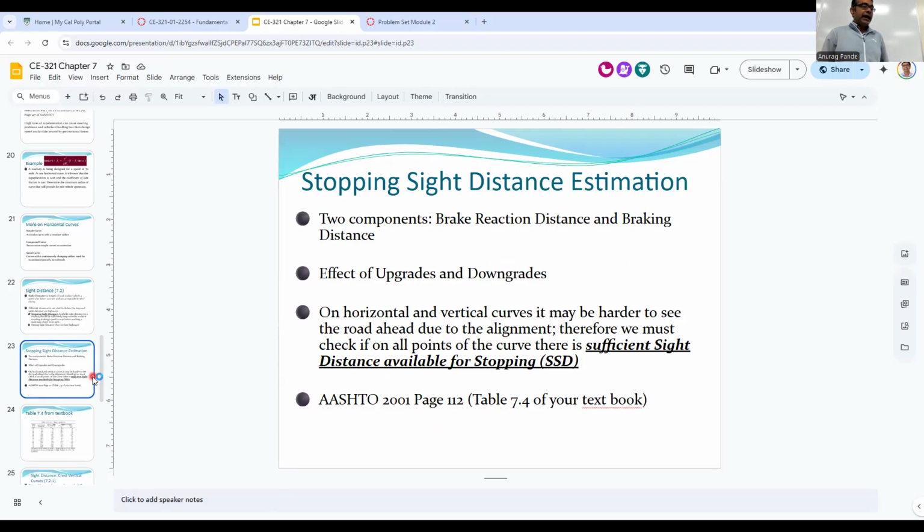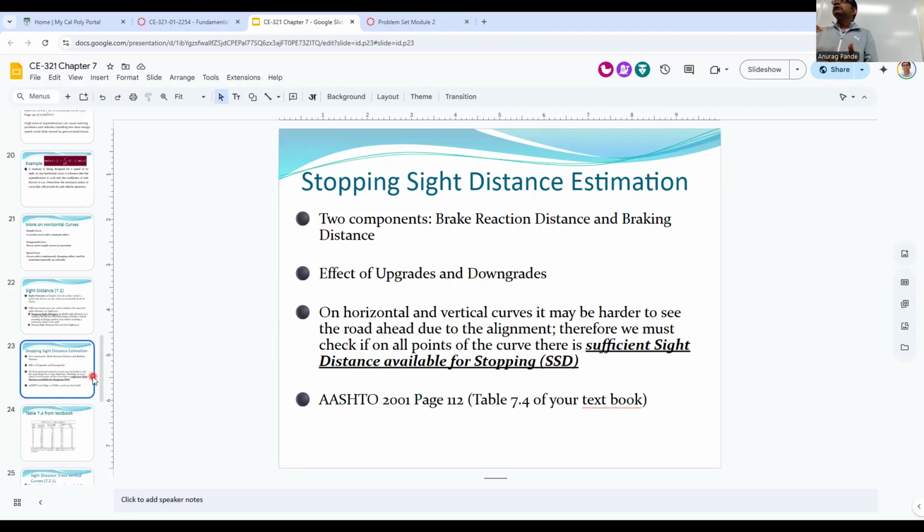One is the brake reaction distance, and that brake reaction distance is based on, if you're driving the speed limit or at the design speed, at that design speed, if you see a hazard on the roadway, you need some time to react to that hazard, right?